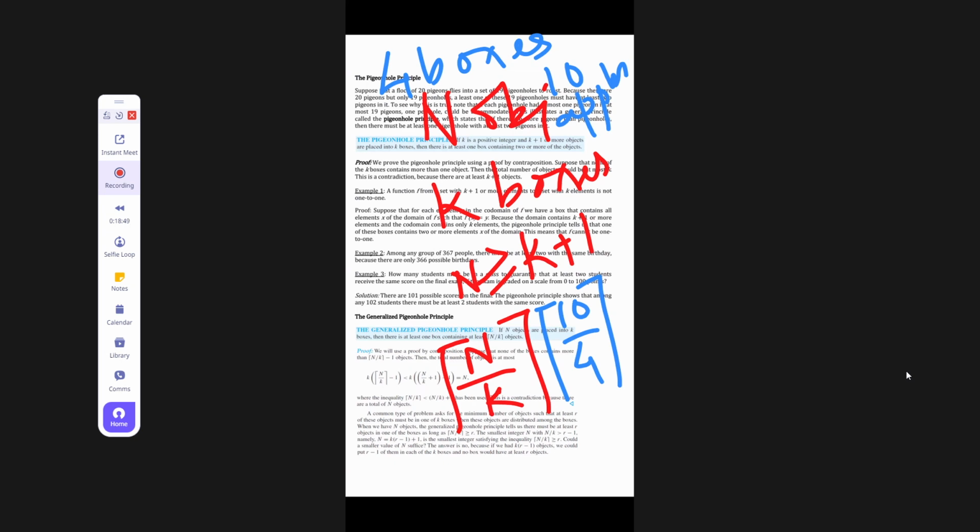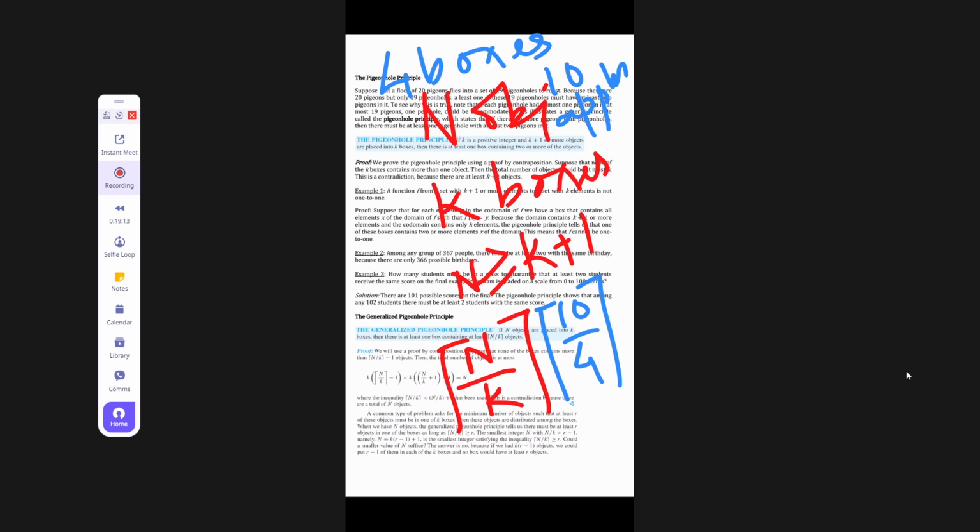So the generalized principle tells you that at least one box will have at least 3 apples.